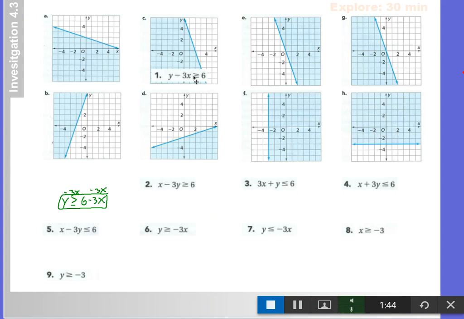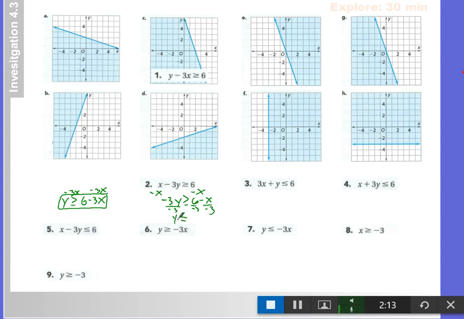Then for our next one, we are going to subtract x. So I get negative 3y is greater than or equal to 6 minus x. Notice how I didn't drop that negative, so divide by negative 3. And when I divide by a negative, I have to flip the sign.